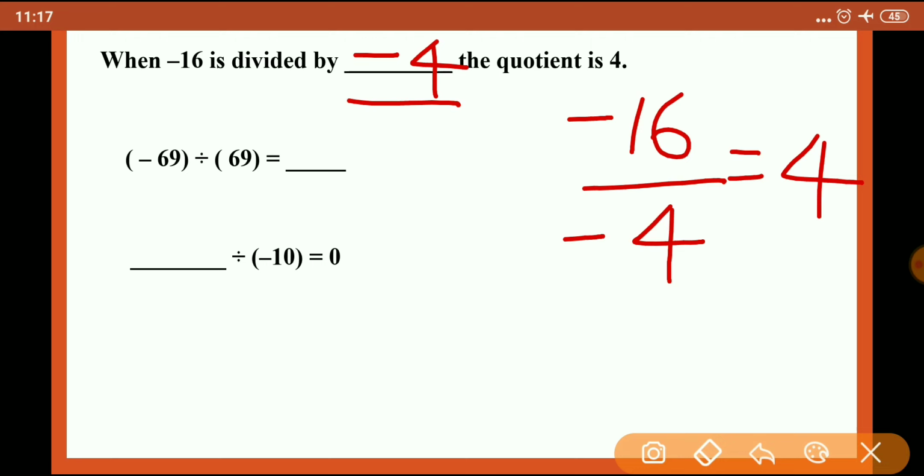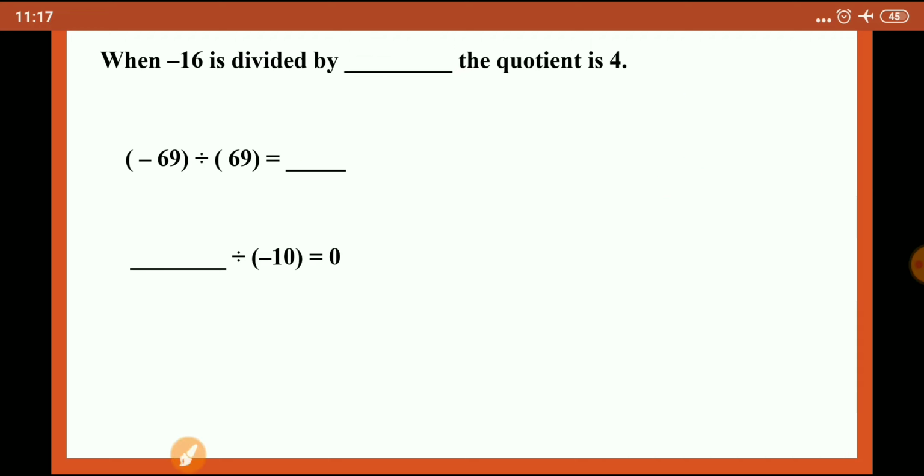Clear? Next, minus 69 and 69. If you divide 69 by 69 you get 1. One sign is negative and one is positive, so your answer should be minus 1. Here, if you divide 0 by any number you will get 0. This was very simple. Now next question.